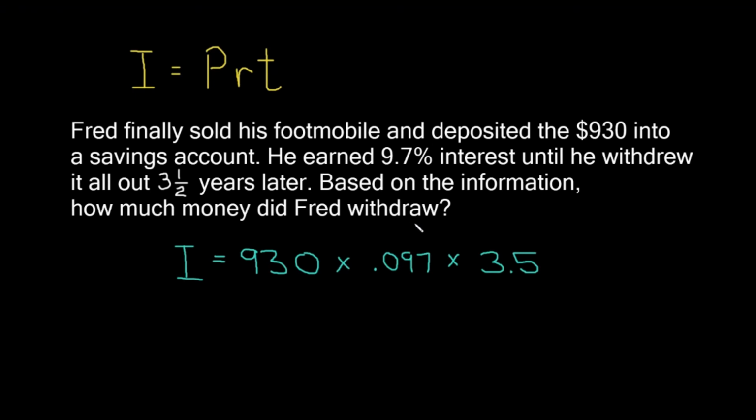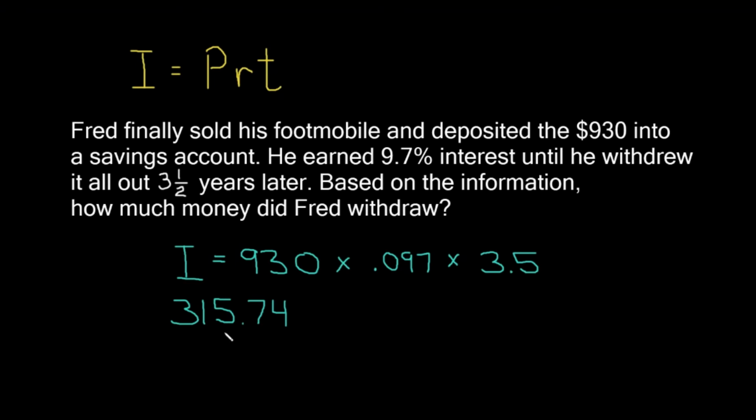So 930 times 0.097 times 3.5, and this equals $315 and 73.5. We'll just round that up to 74.